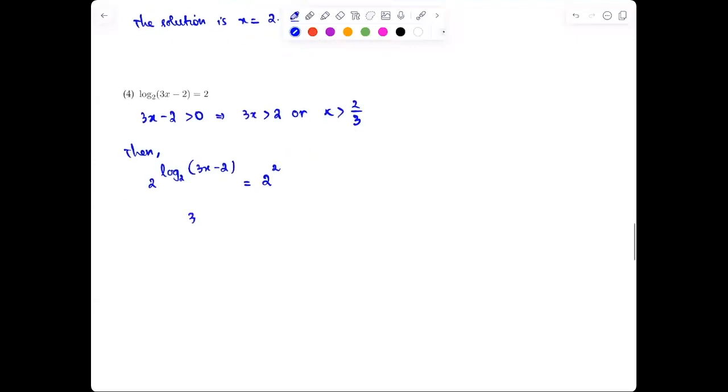So you have 3x minus 2 equal to 4. And you can solve for x from here. So 3x equal to 6, or x equal to 2.